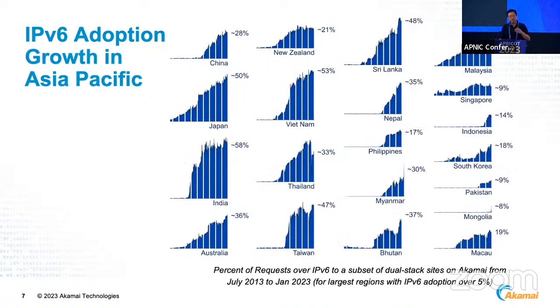And if you zoom into Asia, these are the Asian countries and the percentage of V6 that we observe. They have an IPv6 adoption rate of over 5%. Asia is very country by country, but you can see that some are very high, like India or Malaysia, at about 59, 58%.